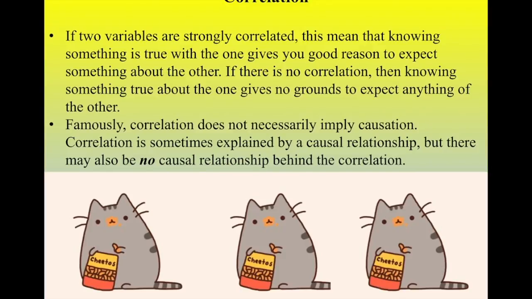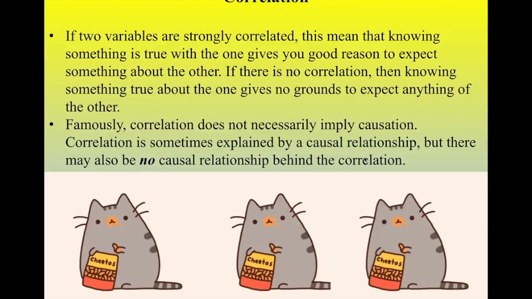The famous sentence here is that correlation does not entail causation, or correlation does not necessarily imply causation. Two things can be correlated, but their being correlated doesn't necessarily tell you that there is a causal relationship, or what kind of causal relationship.